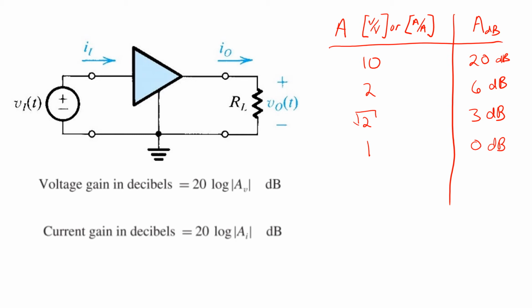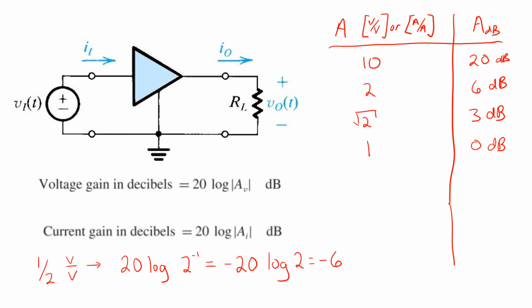It may also be useful to keep in mind that you can have a gain less than 1 in the case of an attenuating circuit. In such cases, the gain can still be represented in dB, but then you get a negative value. So for example, a value of a half a volts per volt expressed in dB looks like 20 log base 10 of 2 to the power minus 1, which is negative 20 times log of 2, or negative 6 dB.